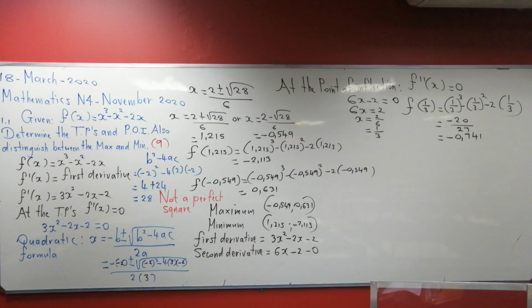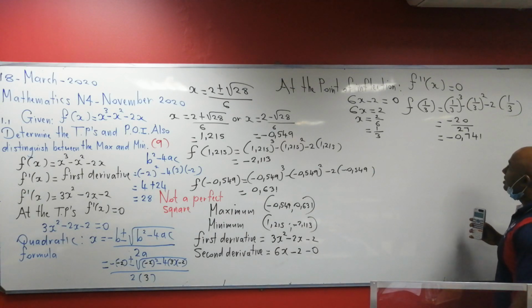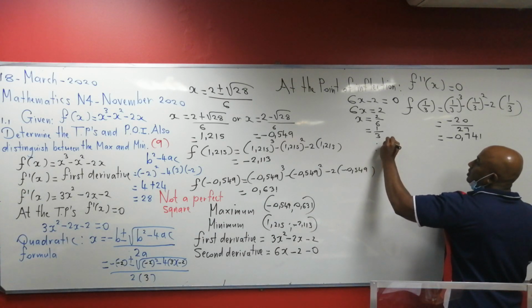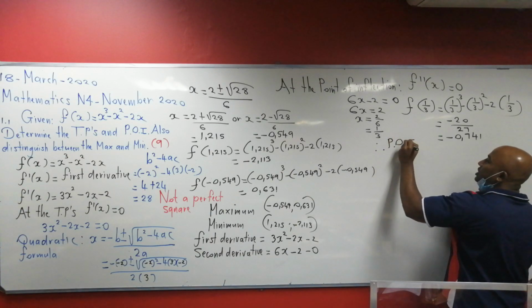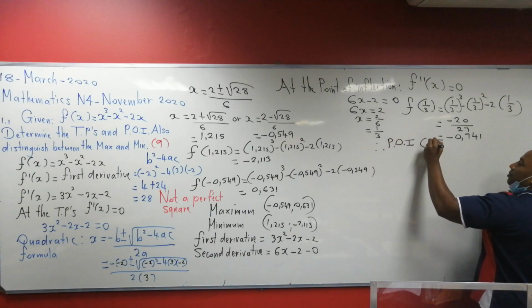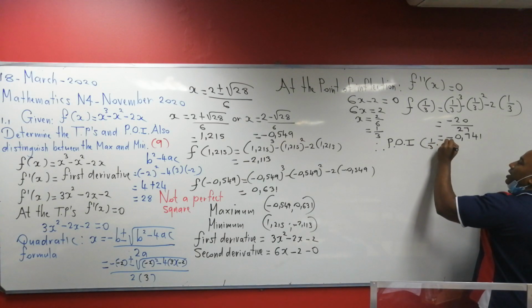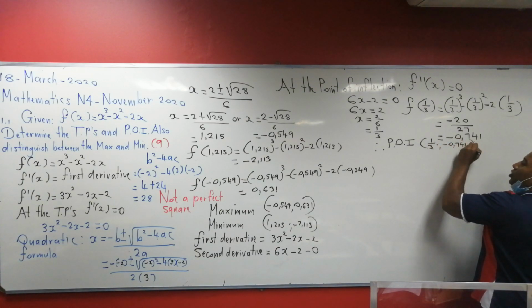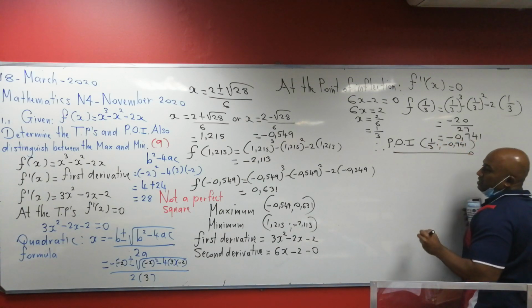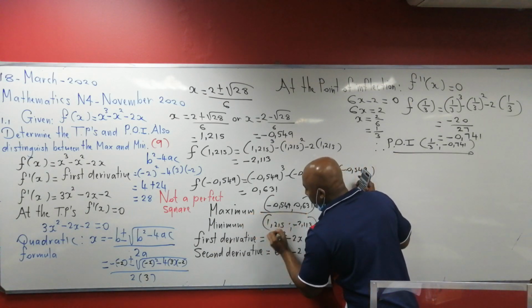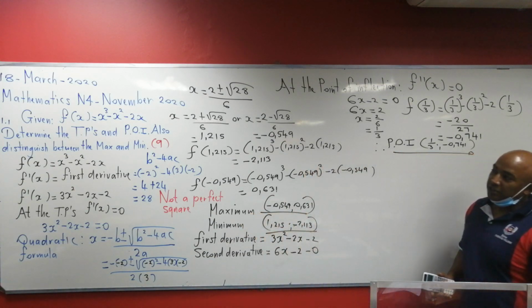That's what I get. Anyone got that? Okay, I've got it. So therefore, your point of inflection is 1 over 3 and minus 0,741. So we got the maximum, we got the minimum, we got the point of inflection.